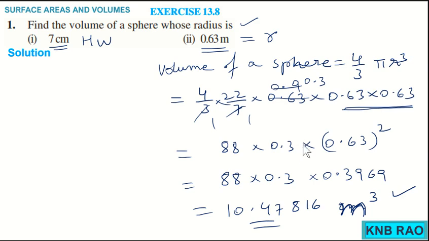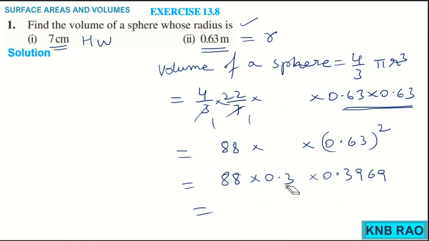Children, here there is one mistake while cancelling. Okay, let me do this once again. Here there is a mistake, at cancellation time. Watch it carefully. Okay, so this answer changes.